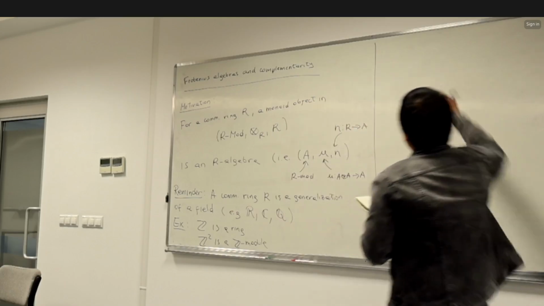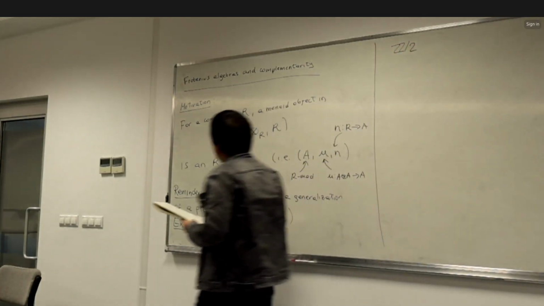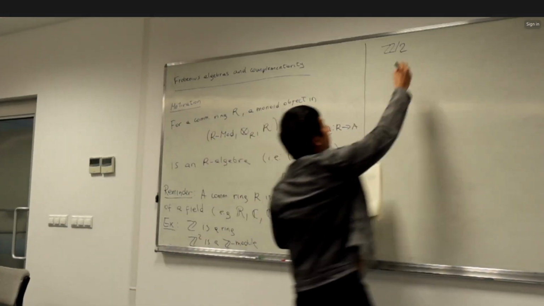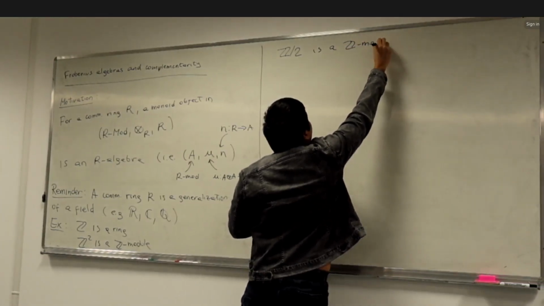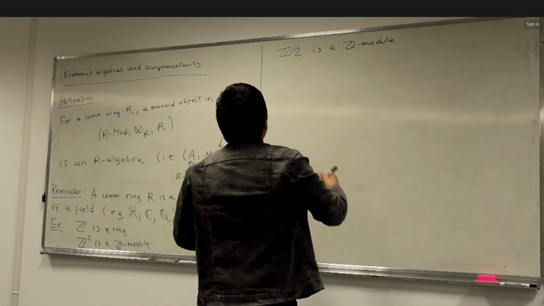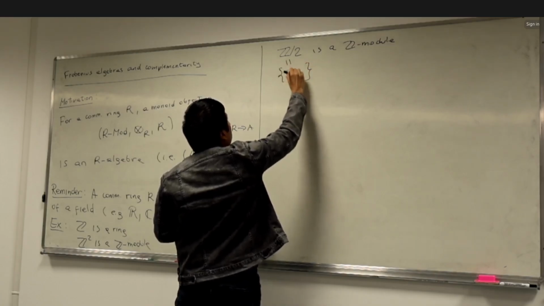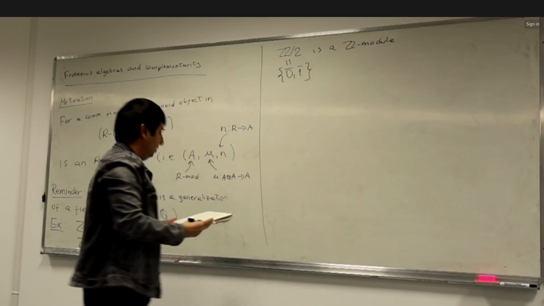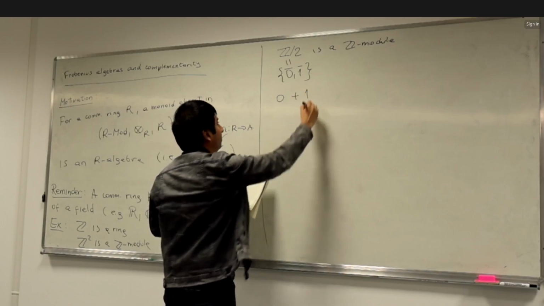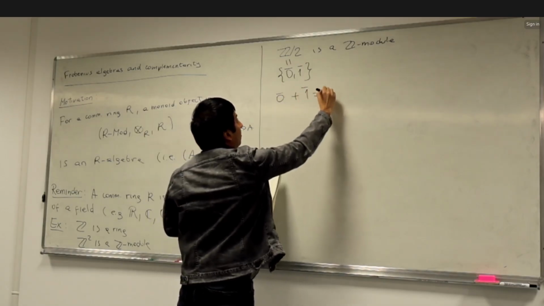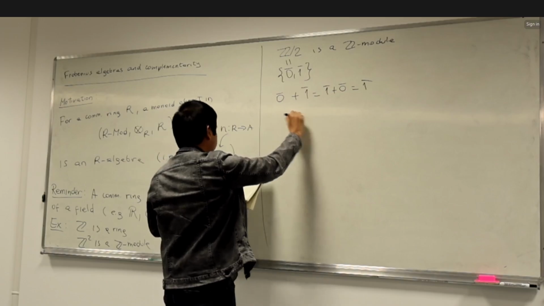Another example, a more interesting one: the integers modulo 2 is also a Z module. Remember, this is just a set with two elements, where the sum is defined in this way, which is natural, of course.